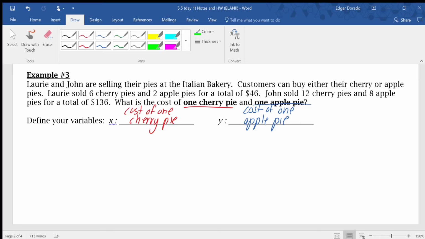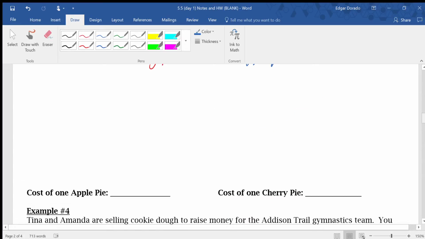Okay, so it says Lori sold 6 cherry pies and 2 apple pies for a total of $46. And then John sold 12 cherry pies and 8 apple pies for a total of $136. So yet again, we can go ahead and set up our 2 equations for our system.